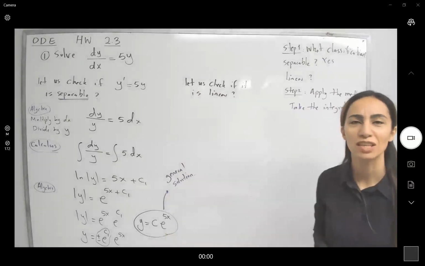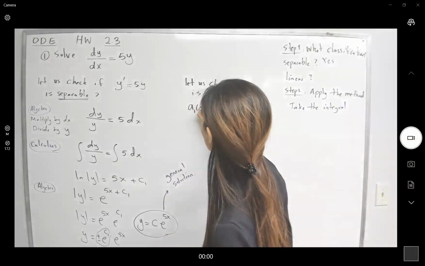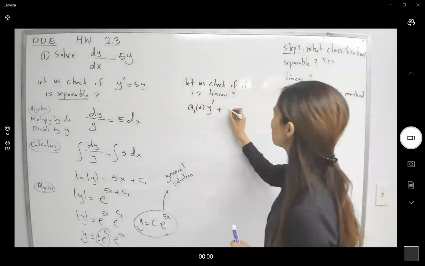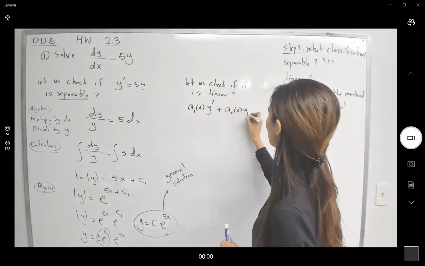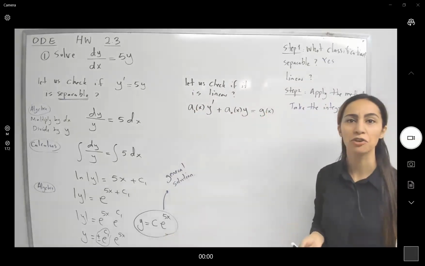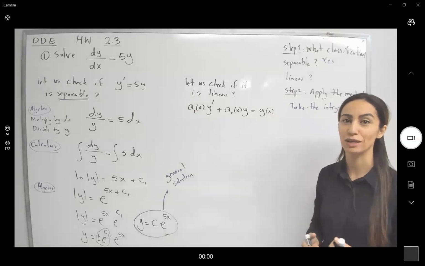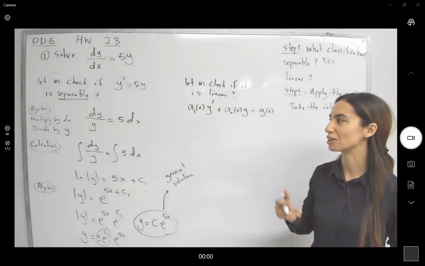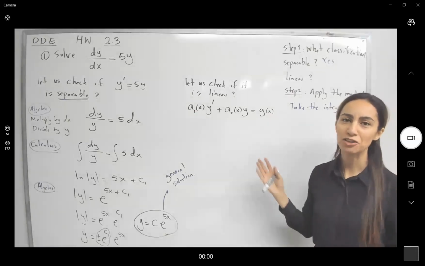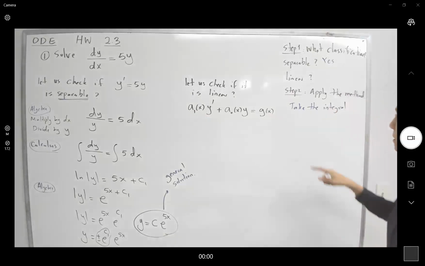Remember that to have a first order linear ODE, we need to have a sub 1 of x times y prime plus a sub 0 of x times y equals g of x. If it's in this form, then we have a linear ODE and we know how to apply the method. We need to write it in standard form, divide everything by a sub 1, then find the integrating factor, multiply everything by the integrating factor, and continue.